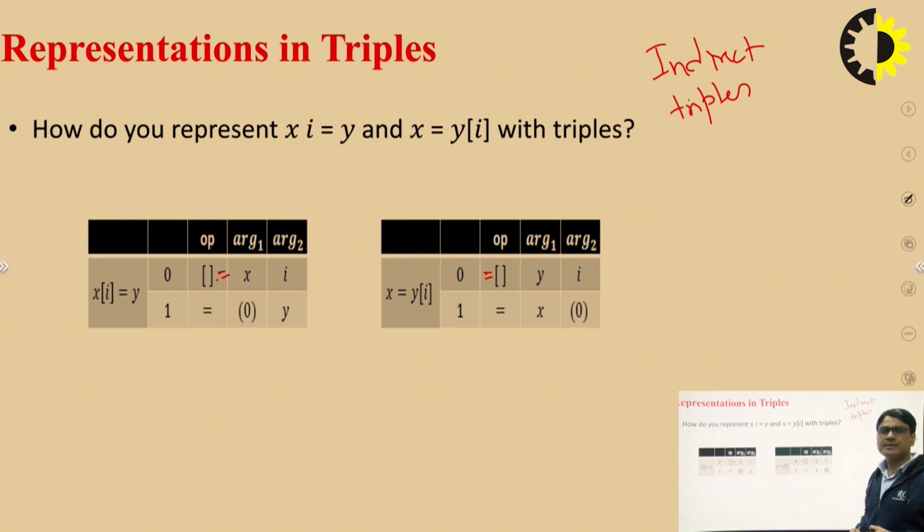What are indirect triples? Indirect triples are basically triples which really work like quadruples. Because in indirect triples, if you need to use the intermediate calculations for further calculation of the program, then what you have to do is just store the intermediate values in triple format by using indirect triples.